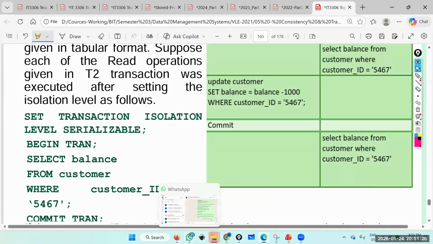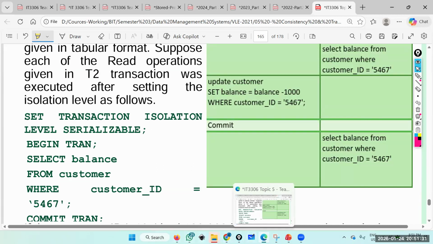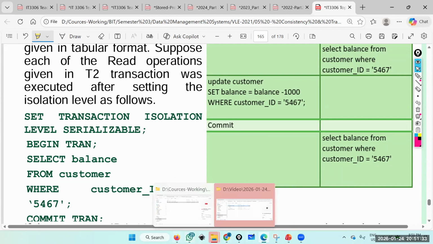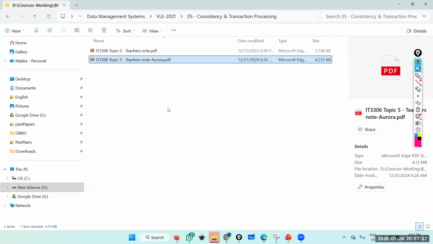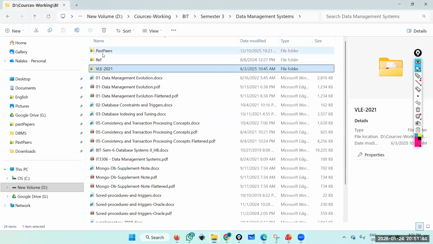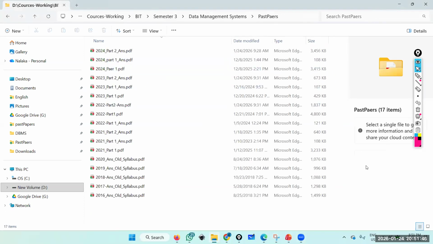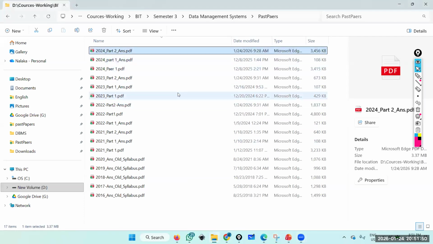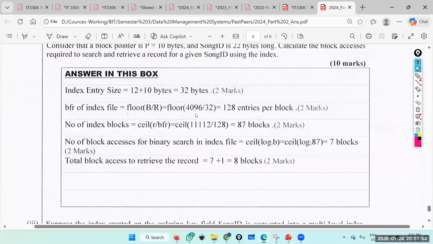Now let's look at the past paper questions. We start from 2024. First, let's mark the questions so that we don't miss it.